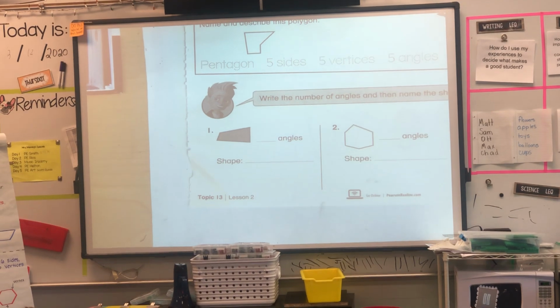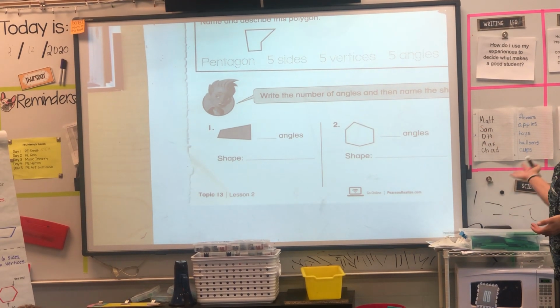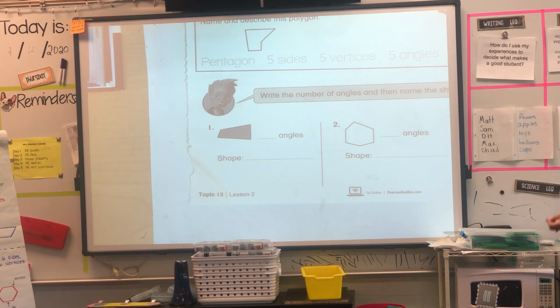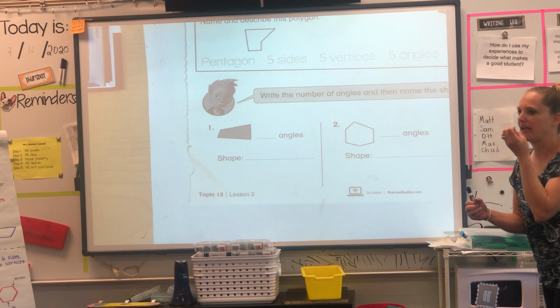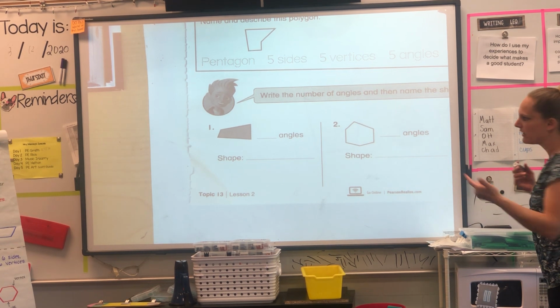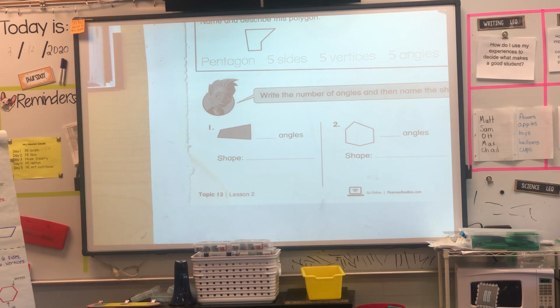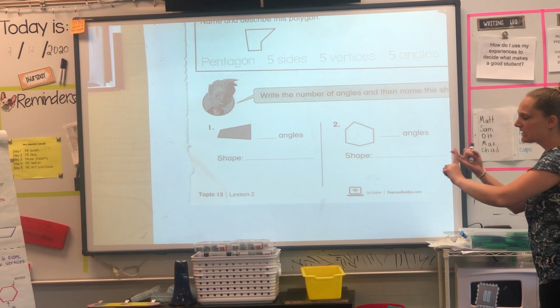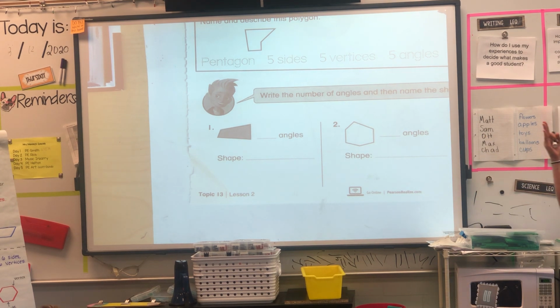Neither of these two do they? Numbers 1 or number 2? But I can classify my polygon, a closed figure with no circles and no curved edges. I can classify it by its number of sides, vertices, which are your edges, and your angles.